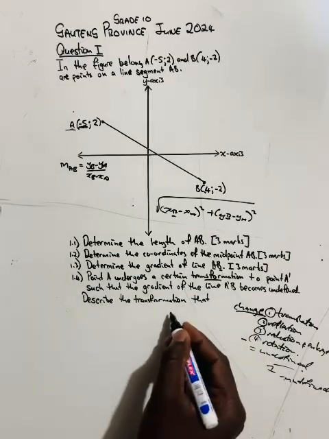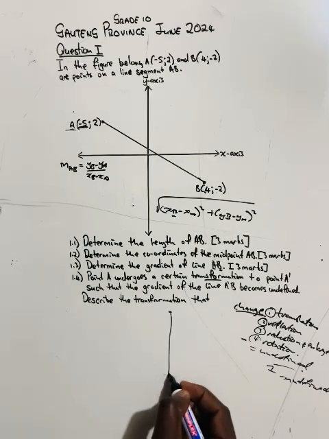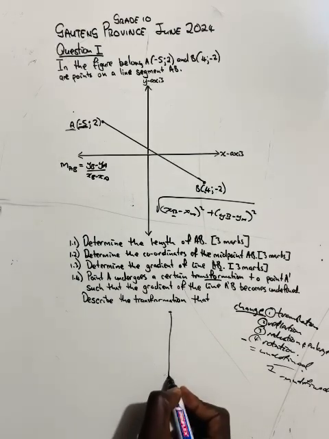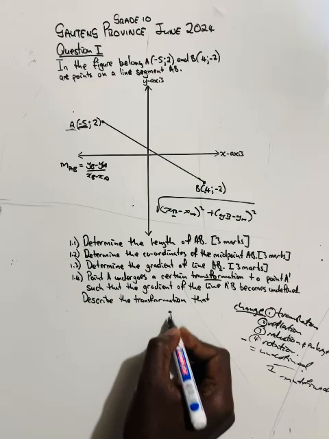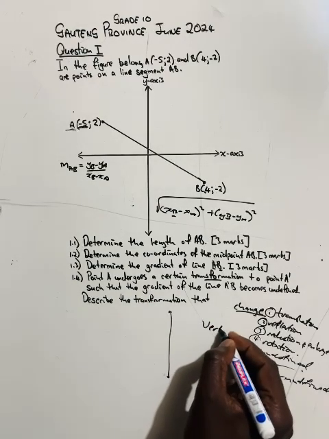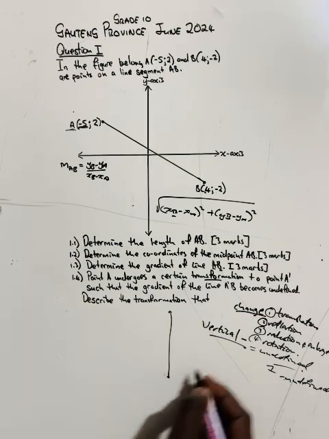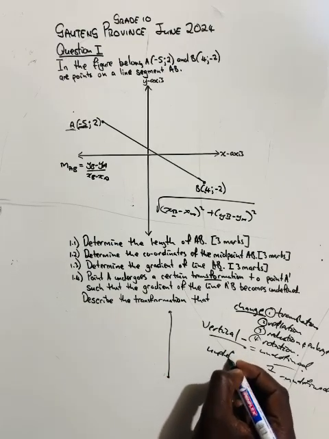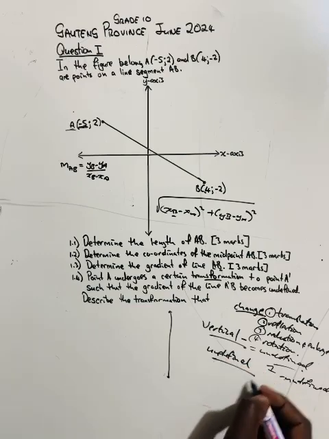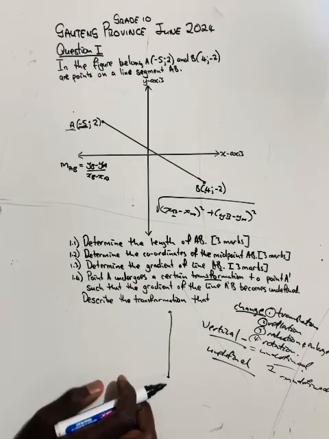When I spoke in the previous video, I was speaking about the gradient of a horizontal line, not a vertical line. On a vertical line, I said that your gradient will be undefined. Why will you have an undefined gradient on a vertical line?